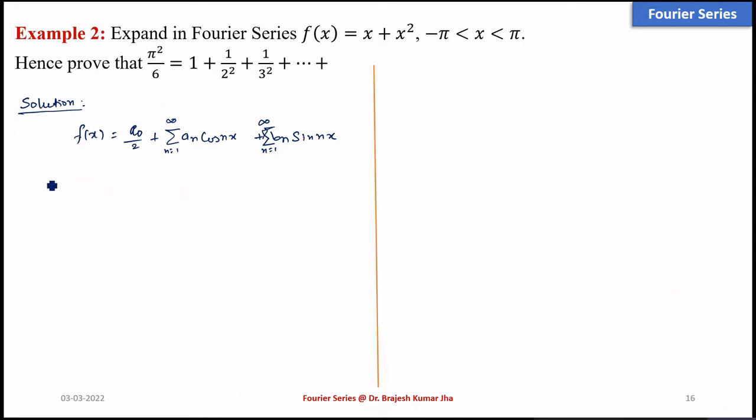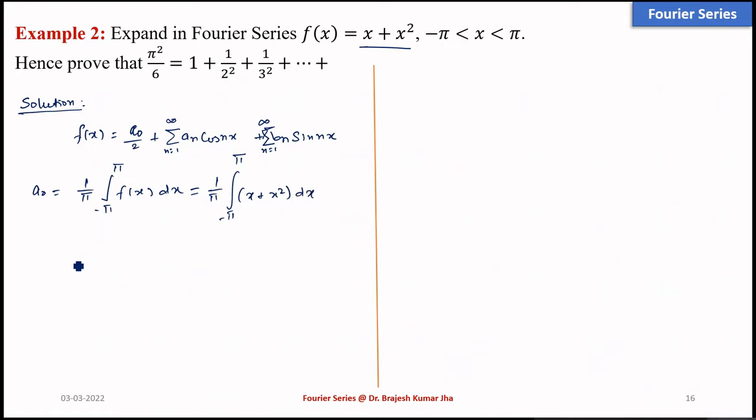So first we compute a0. What is the formula for a0? It is 1 upon pi, integral from minus pi to plus pi of f(x) dx, and f(x) is x plus x squared. So it is 1 upon pi, integral from minus pi to plus pi, put the value of x plus x squared dx.